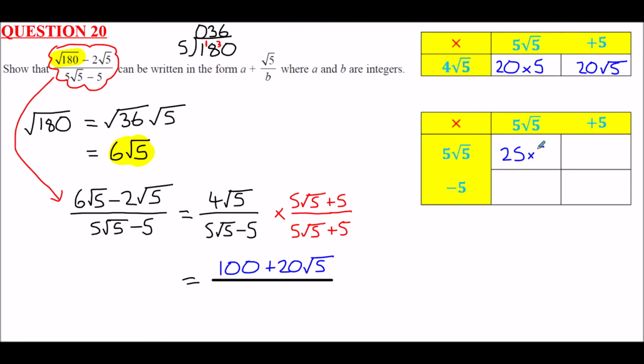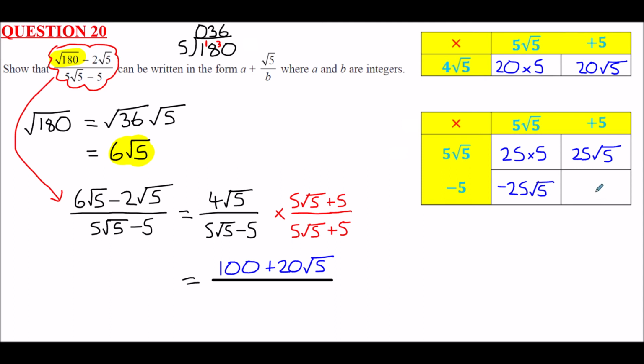So that becomes 25 times 5, which is 125 if you're wondering. This bottom box, 5 root 5 times minus 5: well, 5 times minus 5 is minus 25, so that gives us minus 25 root 5. At the top, 5 times 5 is 25, so 5 times 5 root 5 is 25 root 5.